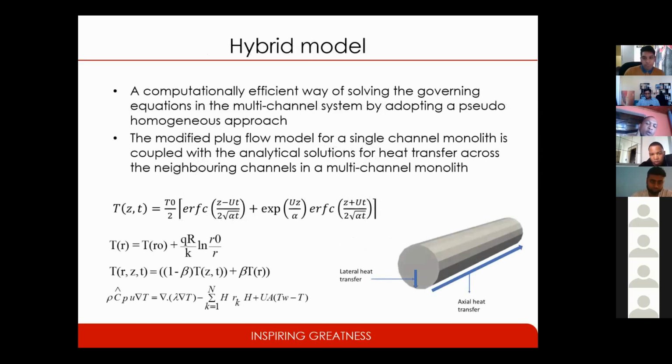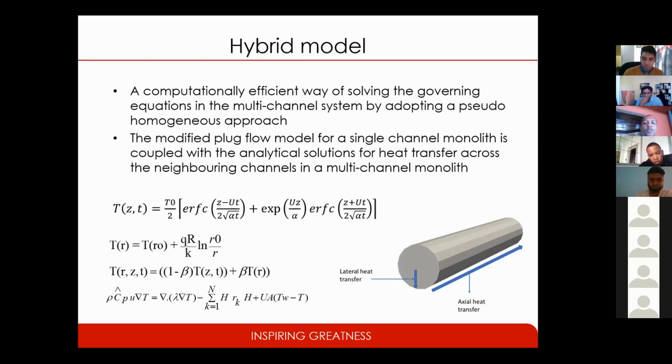Now, the hybrid model that I spoke about, which is the high-speed way of solving this complex problem, is just a computationally efficient way of solving the governing equations in the multi-channel system. And in this case, we do so by adopting the pseudo-homogeneous approach. And then these analytical equations, remember when I first introduced this, I spoke about two analytical solutions, which will be the analytical solution for the free flow and zero flow.